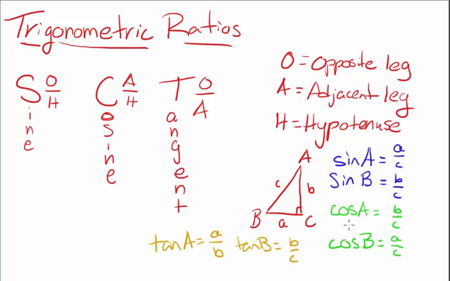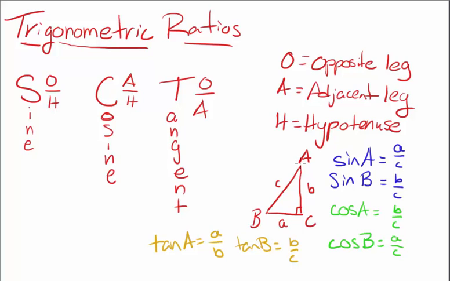Similarly, we have cosine, so we look up here to the top left. Cosine is A over H, or the adjacent leg over the hypotenuse. The adjacent leg is the leg that touches the angle but is not the hypotenuse. For cosine of A, we're looking at angle A right here, and the adjacent leg is not the hypotenuse, but the other leg that touches the angle.